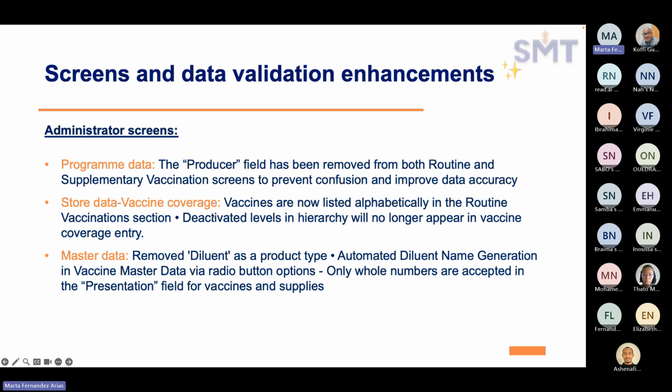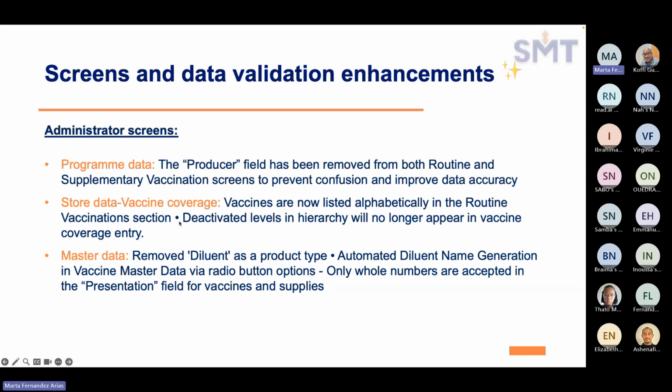So we have corrected that. Now, if you deactivate some levels, let's say the health facility level, you are not using it, you don't want it to show, you have deactivated it, it will no longer show on this screen. So as you see, these are minor changes.